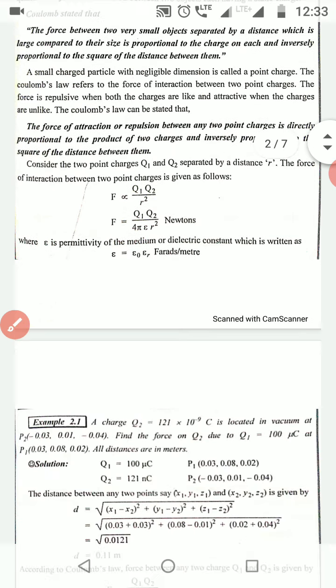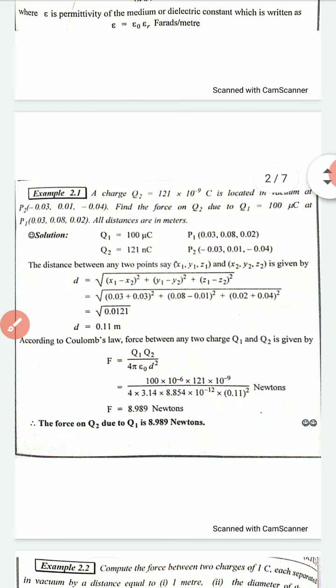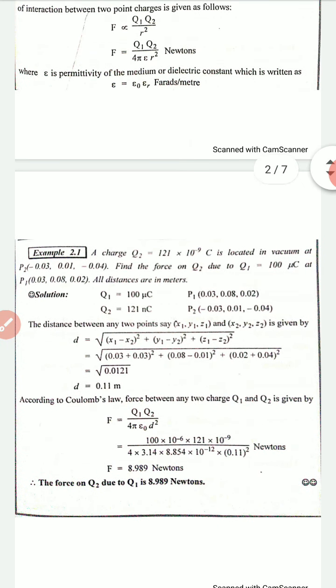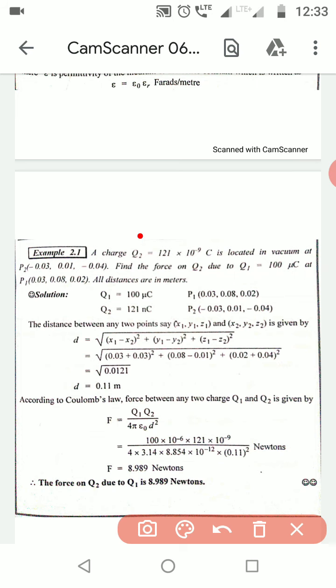Now we can go for a problem. The first problem is: a charge q2 of value 121 into 10 raised to minus 9 coulomb is located in vacuum at the point minus 0.03, 0.01, minus 0.04.